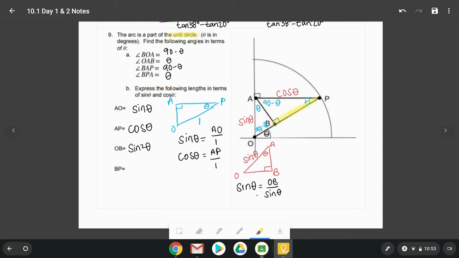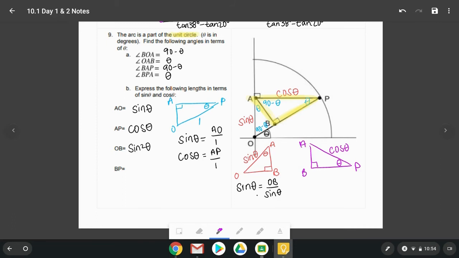And I notice, okay, my angle theta has angle P in the triangle. So we are going to use triangle APB. And again, I will draw it off to the side for you to visualize. We have our right angle at B, and P was my angle theta. We also already found that side AP is cosine theta.